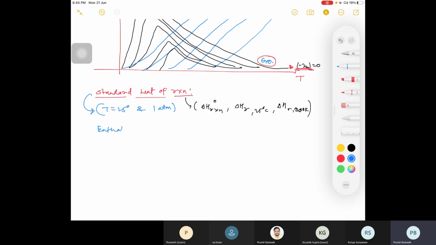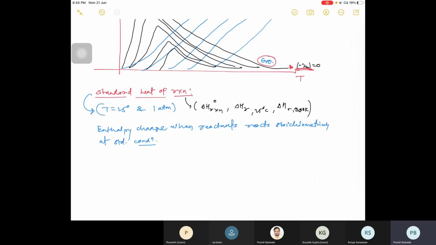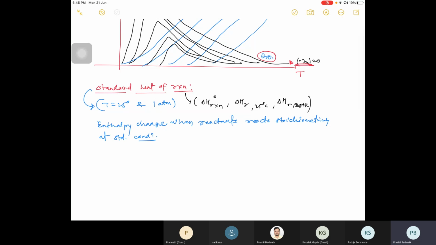So, enthalpy change when reactants react stoichiometrically at standard condition, that is 25 degrees Celsius and 1 atmosphere.